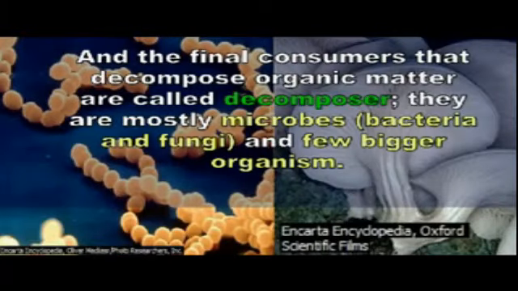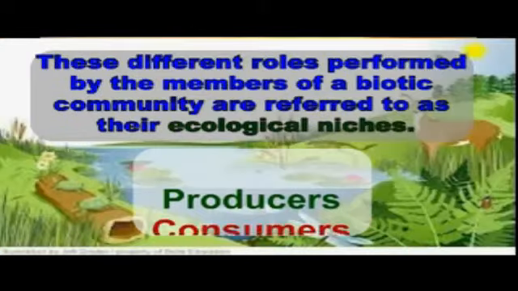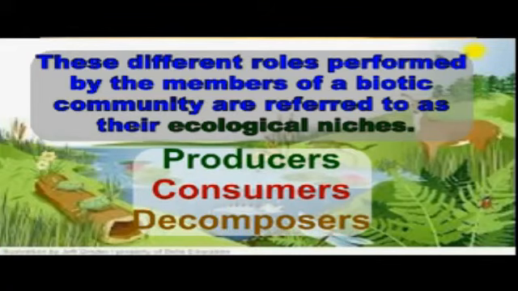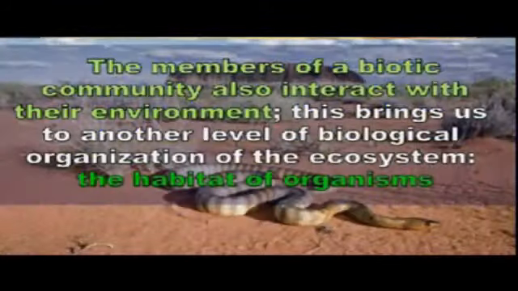And the final consumers that decompose organic matter are called decomposers. They are mostly microbes, bacteria and fungi, and a few bigger organisms. These different roles performed by the members of a biotic community are referred to as their ecological niches.